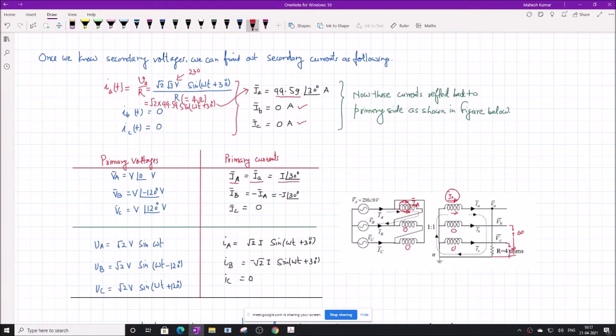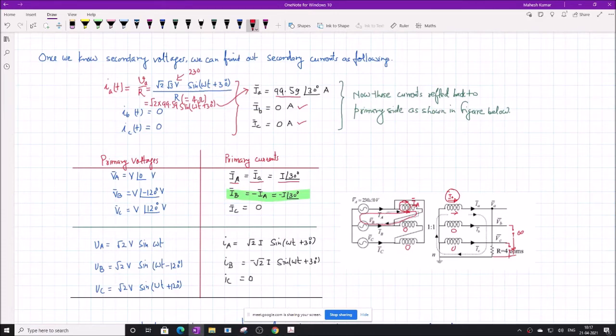So the same current reflects in this winding, and therefore IB is the same as minus IA, because on this side if you write the Kirchhoff voltage equation, KVL, the path is like this. That's all.